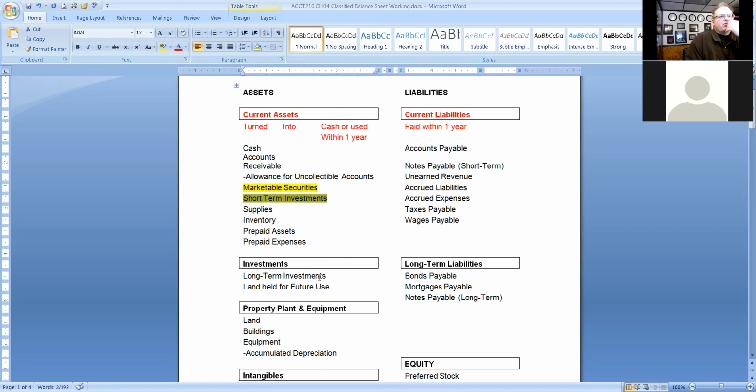I think I told you guys this before, maybe I did, but we don't have standards for naming accounts. So you can actually come up with your own names for accounts, and you'll find it all the time. The country that was interesting, and I don't know if they still do this, but it used to be Germany.